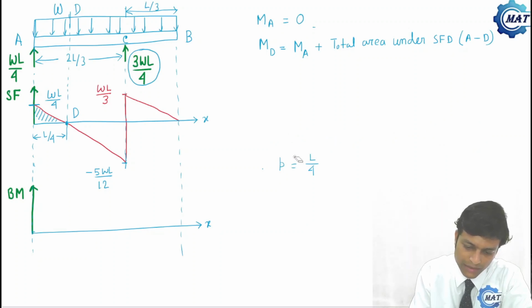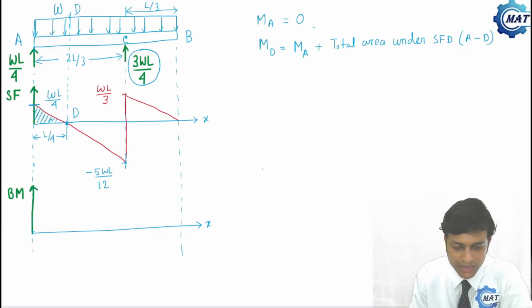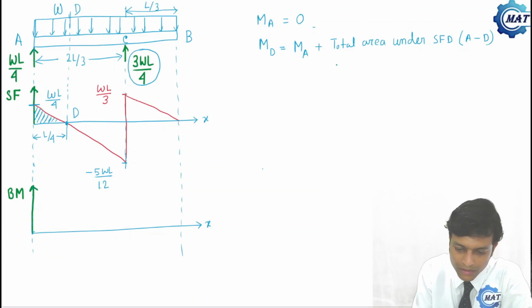Now what is the area of that triangle? The area of this triangle will be half into WL by 4 into length L by 4. That is WL square by 32.